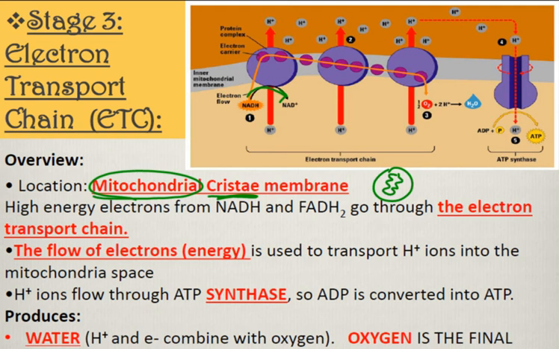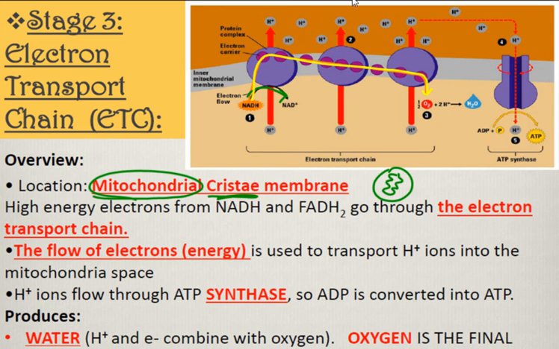Think of this as a race, and those electrons have different checkpoints to go to. When you have a flow of electrons, it creates a little bit of a current, a buzz. And that buzz is used to form energy to power something else.